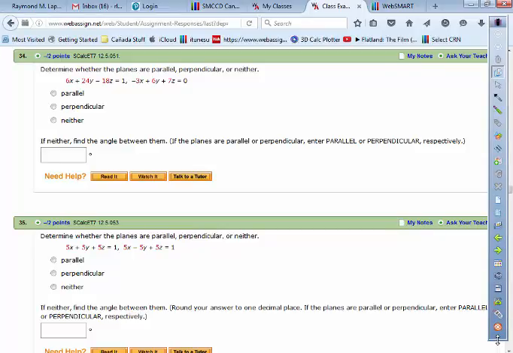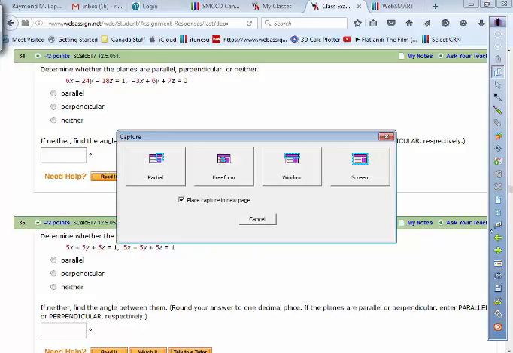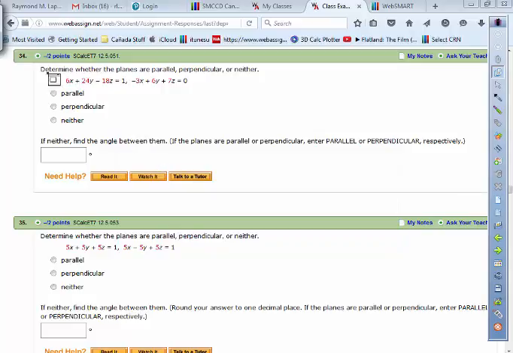Let's do number 34. So I'm going to copy this, and then I'm going to go back to our previous page and talk about one more thing that they're talking about here.